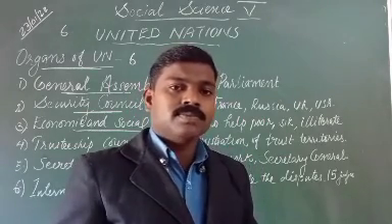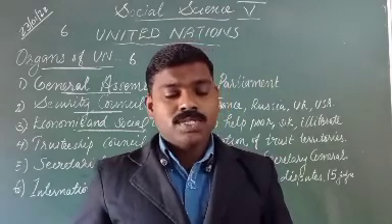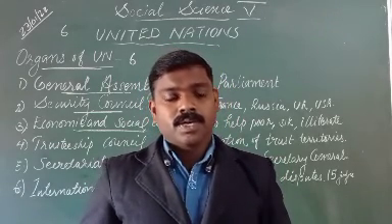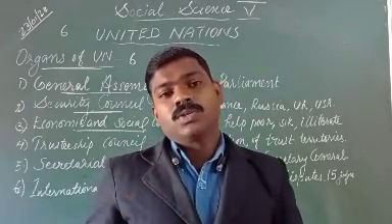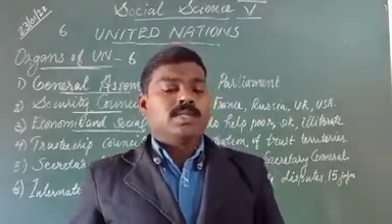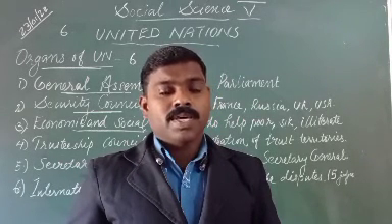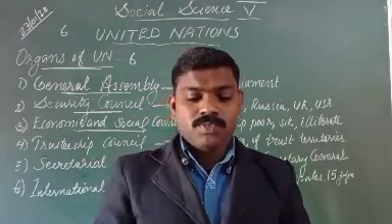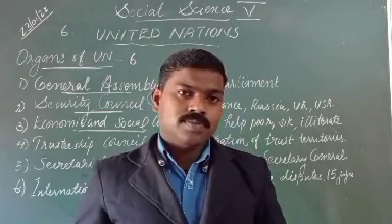Along with that, it helps illiterate people. Who are illiterate people? Unpadh log, those who do not know how to read and write. It helps to educate them. All these are the responsibility of the Economic and Social Council.